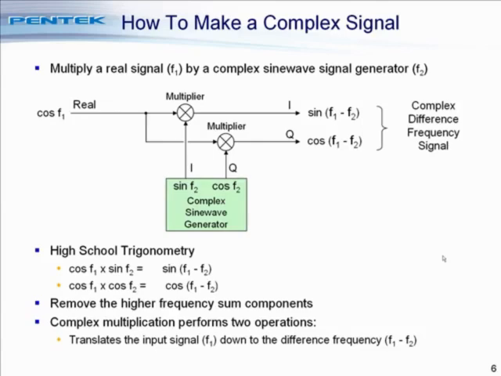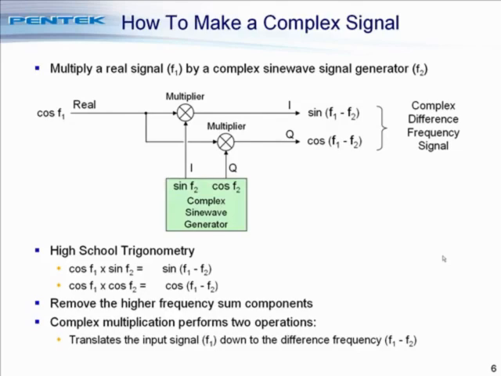For example, suppose f1 was 90 megahertz, and that was your input real signal, and f2 was the local oscillator, and that was set to 70 megahertz. What you would get at the output would be a 20 megahertz complex frequency, 70 subtracted from 90.